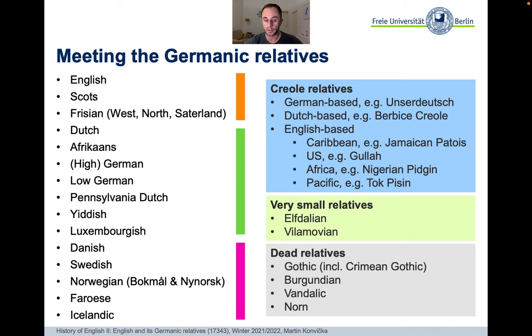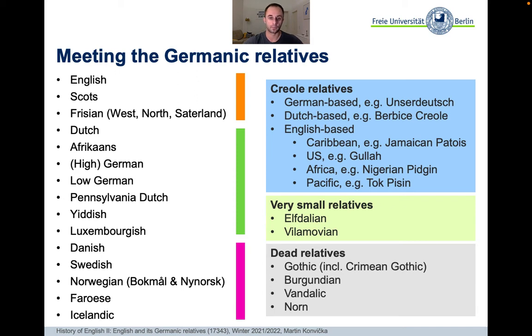Then there are the two other dead East Germanic languages, Burgundian and Vandalic, and then a dead North Germanic language, Norn, which was spoken on the British Isles before it was pushed out by Scots and English.